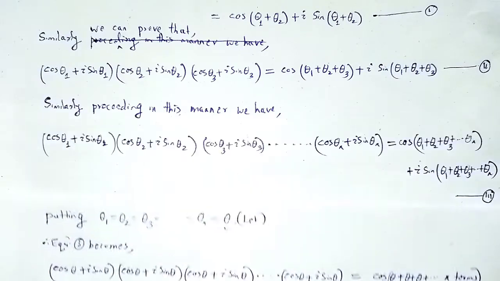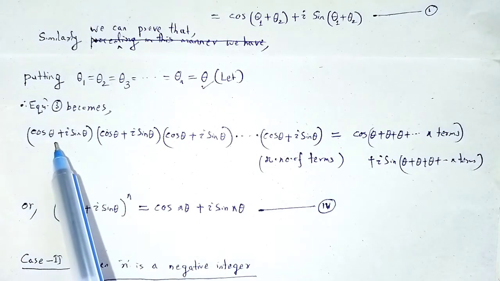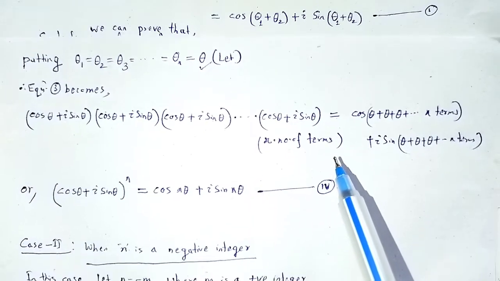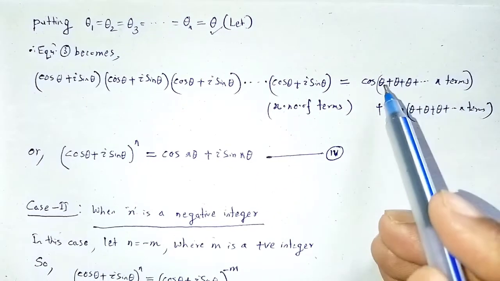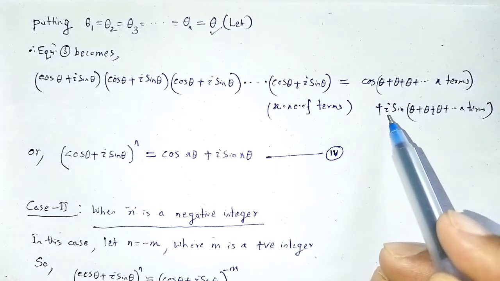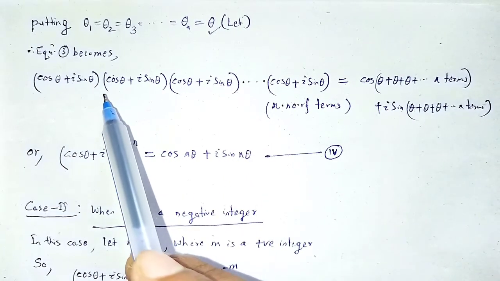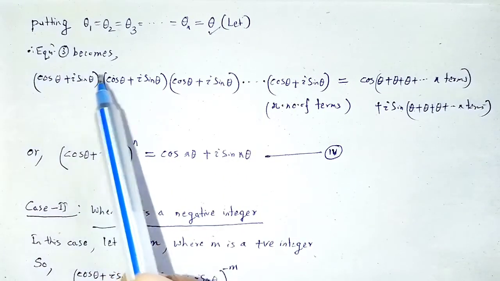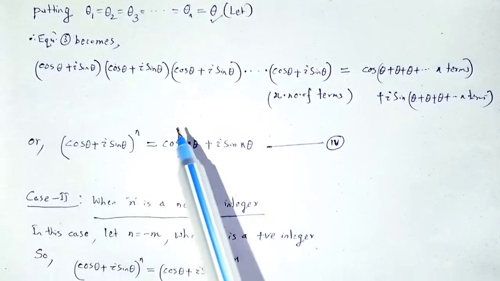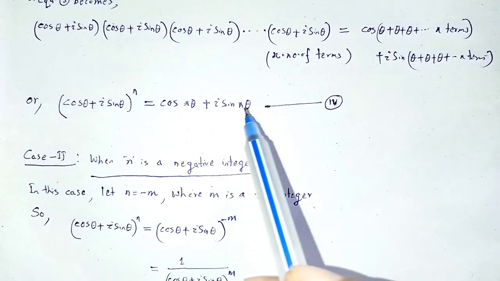So that equation changes to (cos theta + i sin theta) into (cos theta + i sin theta) up to n number of terms, equal to cos of (theta + theta up to n terms) + i sin of (theta + theta up to n terms). So the multiplication of (cos theta + i sin theta) up to n number of terms results in (cos theta + i sin theta) to the power n, which is equal to cos n theta + i sin n theta.